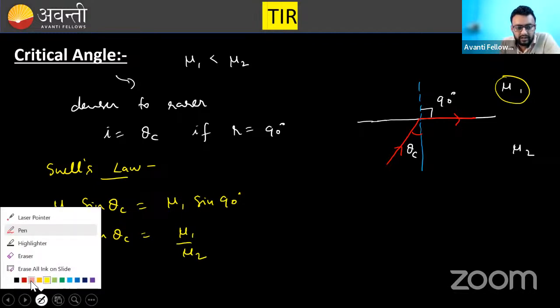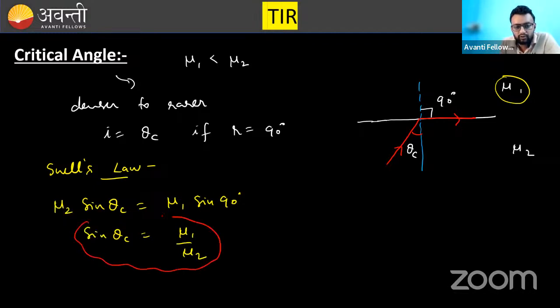Now, in this chapter, whenever there are two media, mu1 and mu2, we have to remember it in a different way. In this case, mu1 is the rarer medium and mu2 is the denser medium.